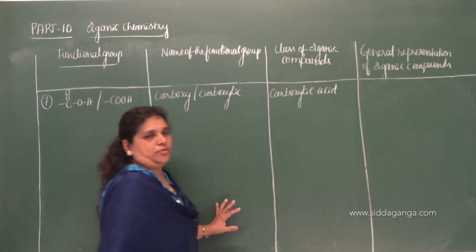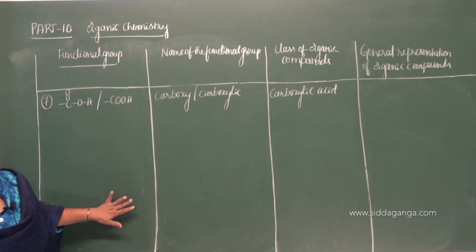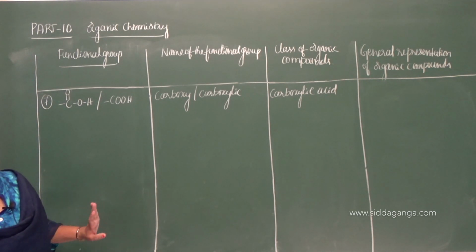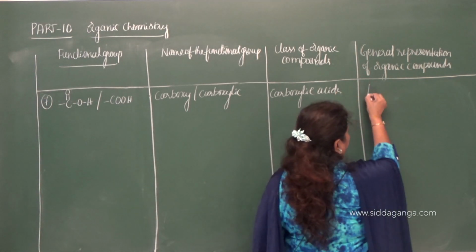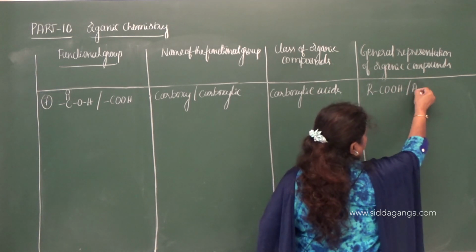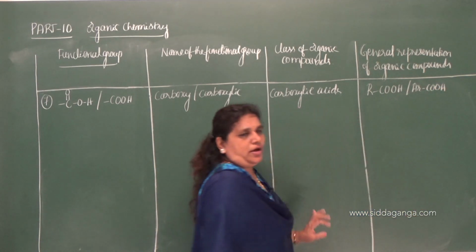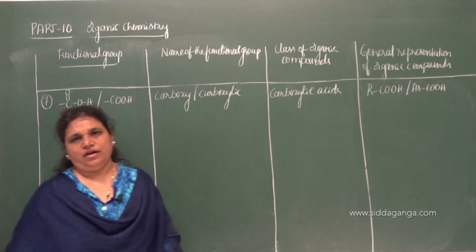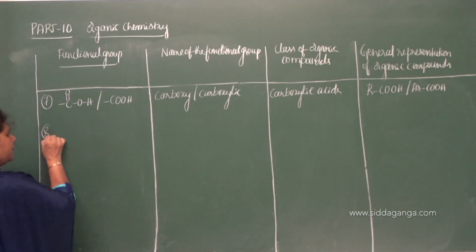If an organic compound contains a COOH group, the class of organic compound is carboxylic acids. How to represent? RCOOH or ArCOOH, and it is also a terminal functional group. Now move on to the next one, the eighth one.